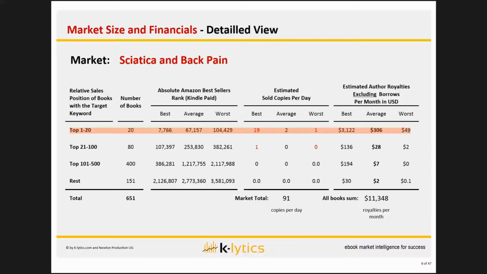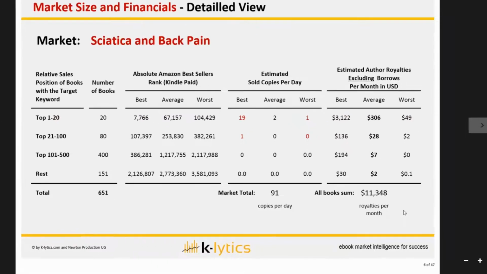Even in the top 20, the best book, given its price level, earns about $3,000 in royalties a month. The worst book in the top 20, imagine, can drop down to as little as $49 a month, given its sales rank of only around 104,000. Probably it's a 99-cent book. You can have a further look in the report.